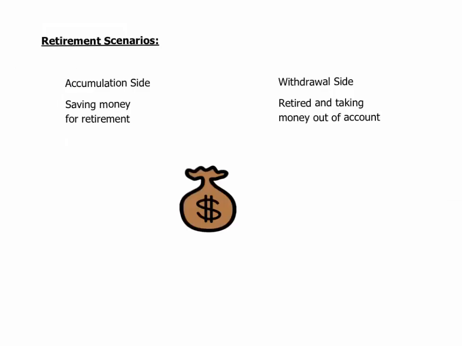Let's go back to the start and talk about our big goal here. I'm thinking about a retirement scenario, but we could also be thinking about saving for any other type of goal. What we just did was a problem on what's called the accumulation side. So we're building up a big pile of money here.